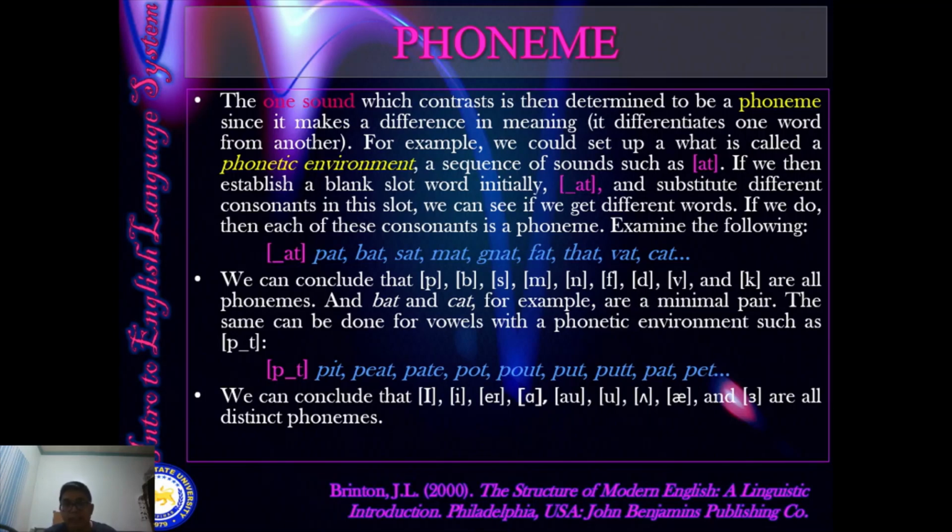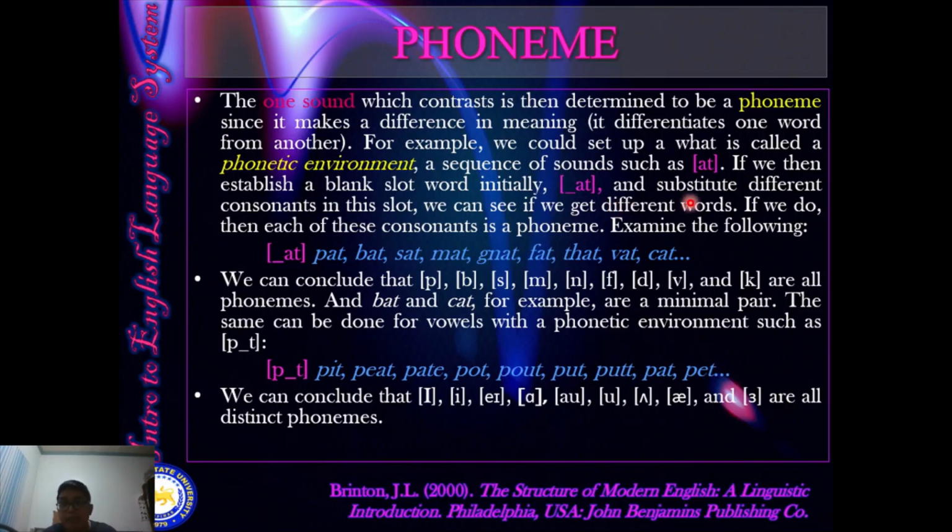And the at there, if we just establish a blank slot, basically just before the at there, you can now get to have a phonetic environment blank at and substitute different consonants in the slot, which is why you can get different words at the same time. So this is also another way, class, to get rhymes that easily, okay? So that is, again, another shortcut that I can recommend for everybody in case you're having difficulties.